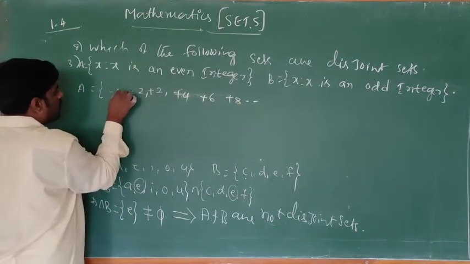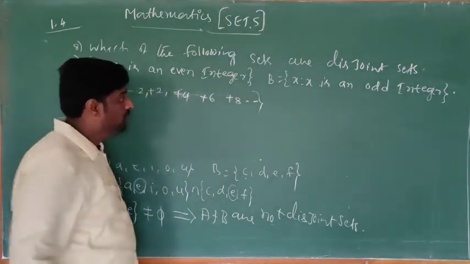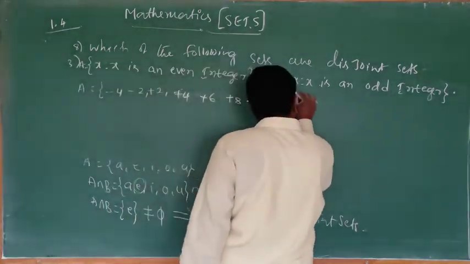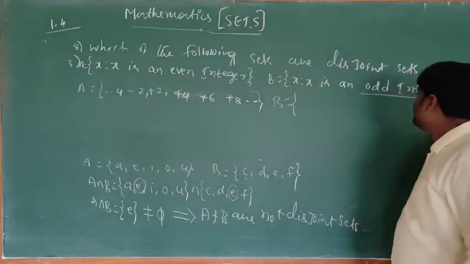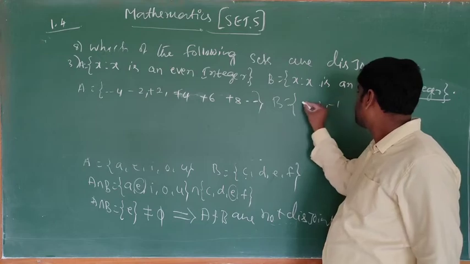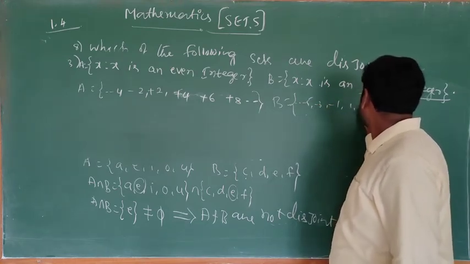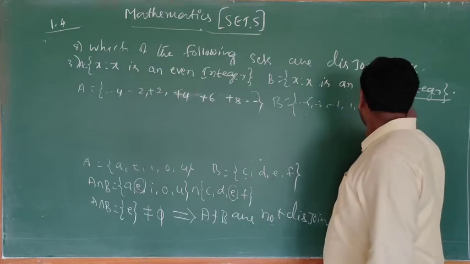Minus 2, minus 4, and so on. So B is equal to {x : x is an odd integer}: minus 1, minus 3, minus 5, and so on, 1, 3, 5, and so on.